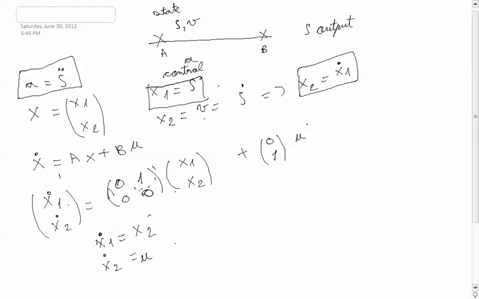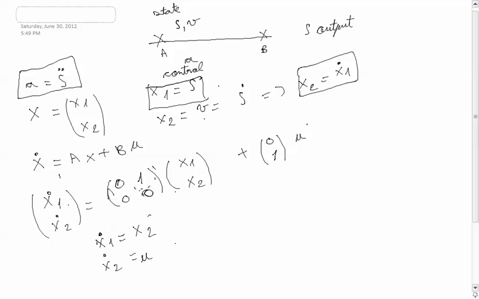So I'm being very efficient, because if I had a system where my control signal would only hit x2 and the change in x1 would not depend on x2 at all, then it would be bad, because I would never be able to control x1, right?